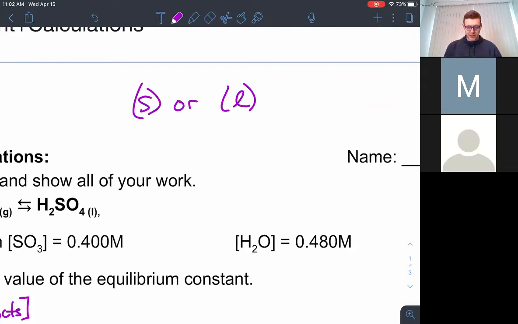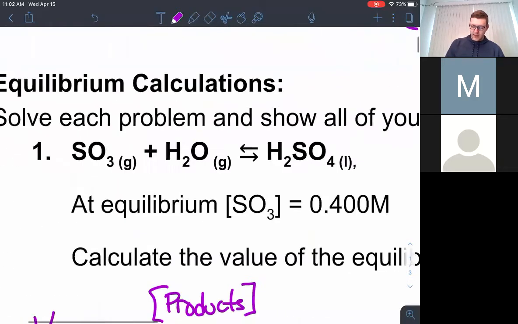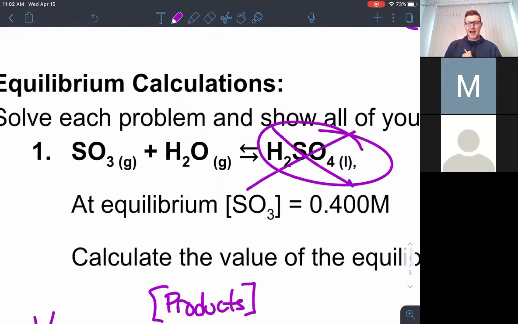So their concentration of a liquid and a concentration of a solid, they don't count because they don't change, because they're based off of the density, not based off of everything else. So this liquid in this problem is not going to count for our equilibrium constant. So when we're doing it, it just turns into a 1 if it doesn't count. So this one just turns into a 1.